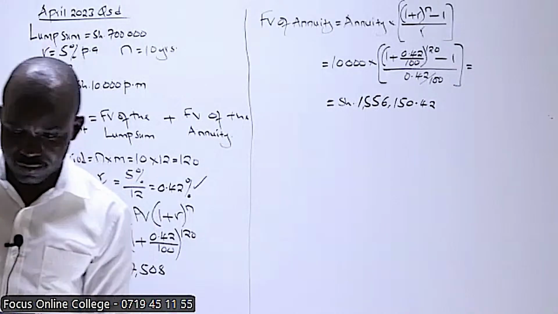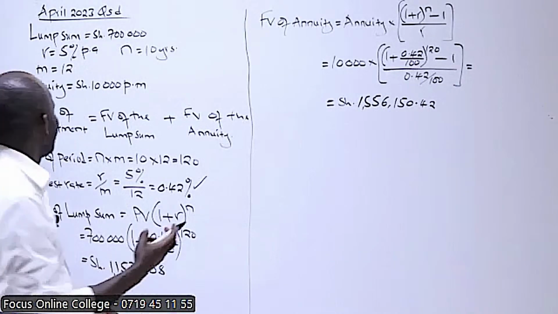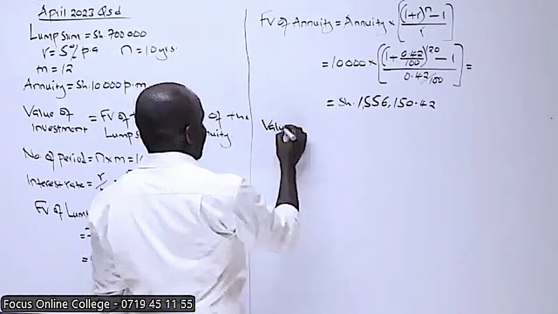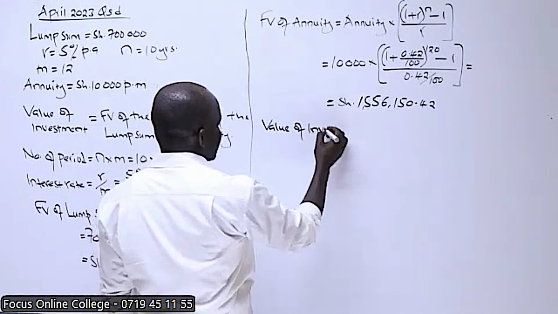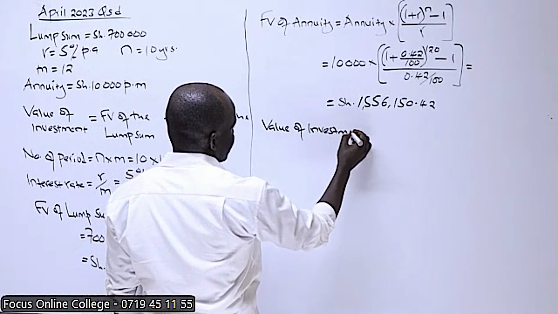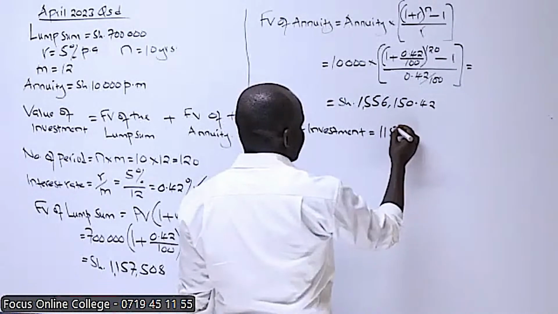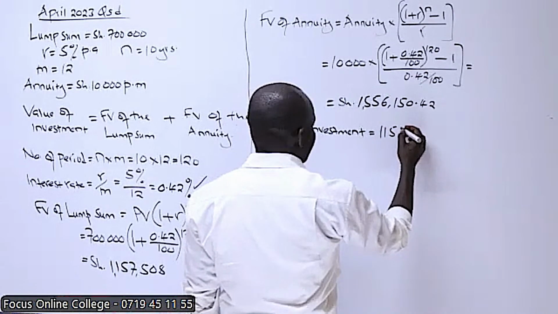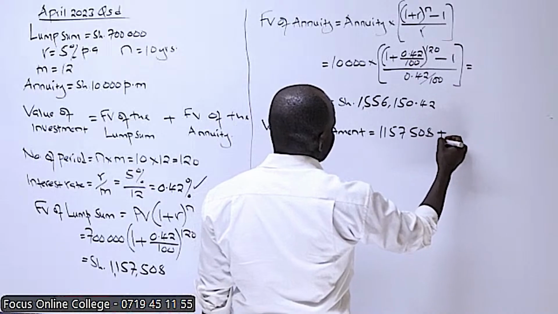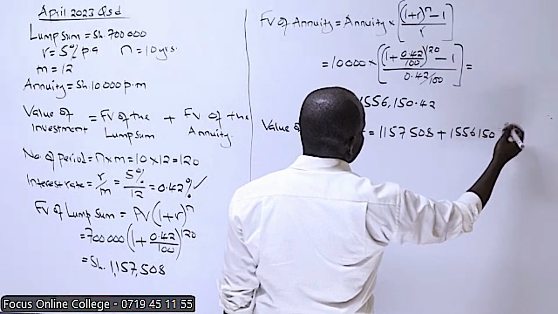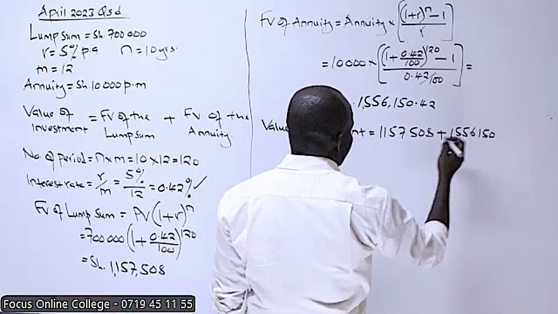Then now you add. Value of investment is equal to 1,157,508 plus 1,556,150.